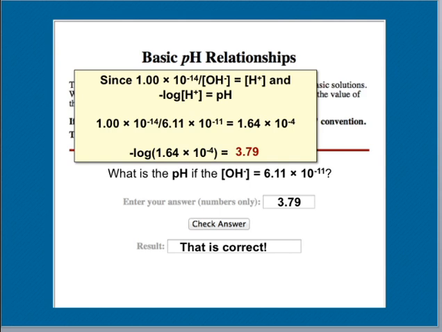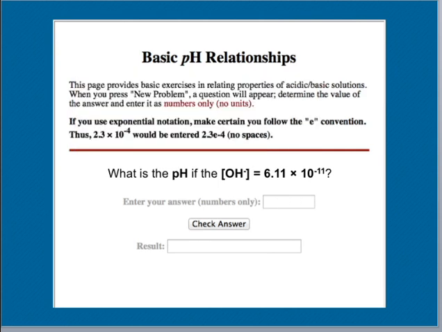Yeah. Could you go back to the previous one? Well, we are given hydroxide, right? We know that hydroxide times hydronium is always going to be 10 to the minus 14. Therefore, 10 to the minus 14 divided by this gives us hydronium.